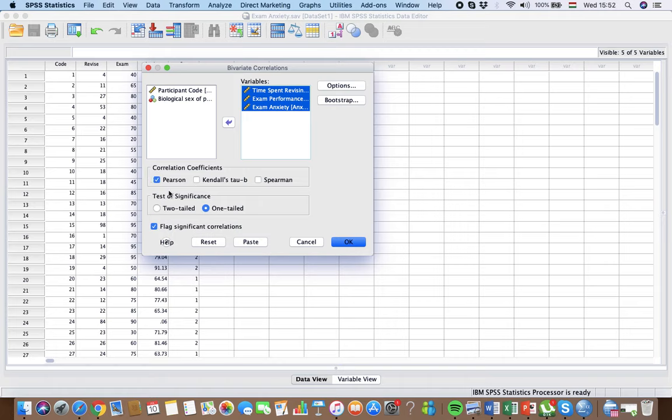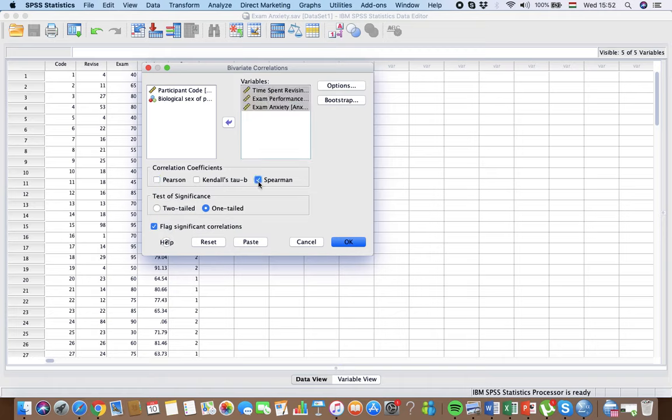The Pearson correlation coefficient has to meet several assumptions before running the analysis. In Pearson's correlation, all your variables have to be measured on an interval scale, so it should be interval data. As you can see here, this is interval data.